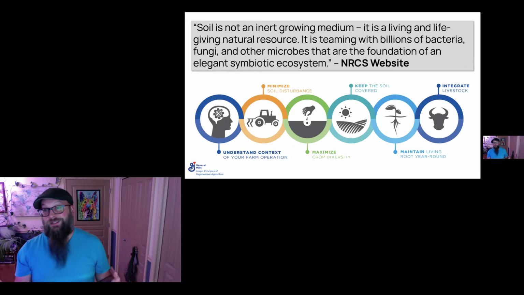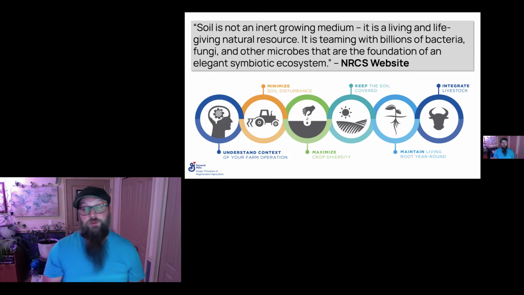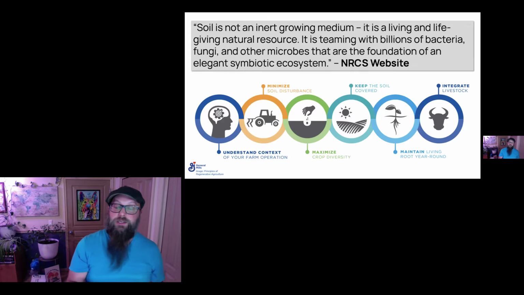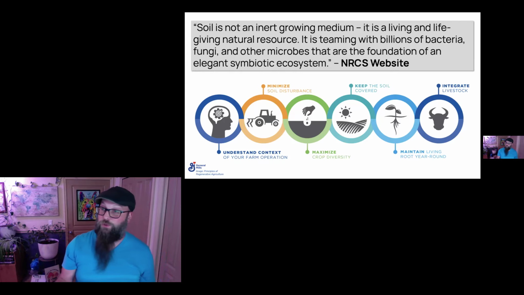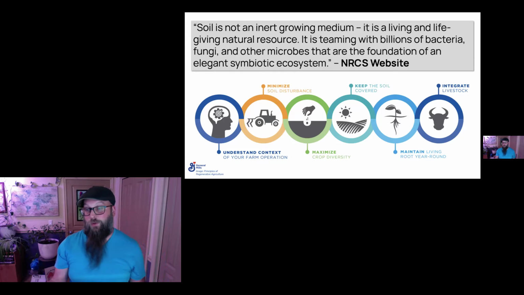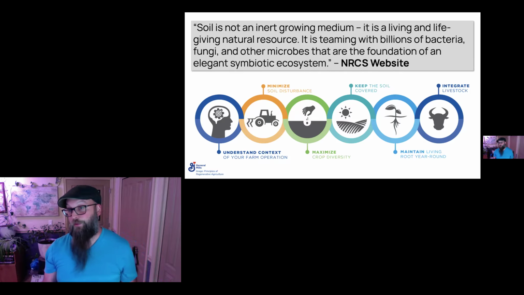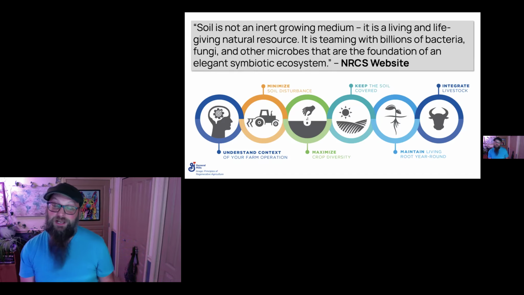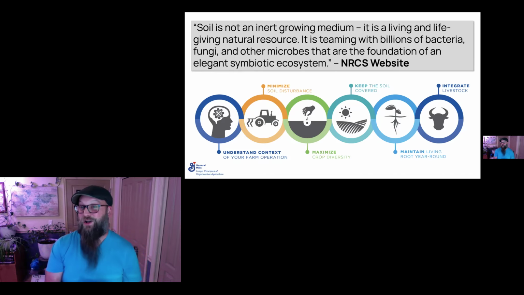Then, you get into these things like minimizing soil disturbance, increasing diversity, keeping the soil covered, the year-round root in the soil, integrating livestock, which, I don't have cattle coming through my garden, but I have a lot of composting worms. I call it tiny below ground livestock.